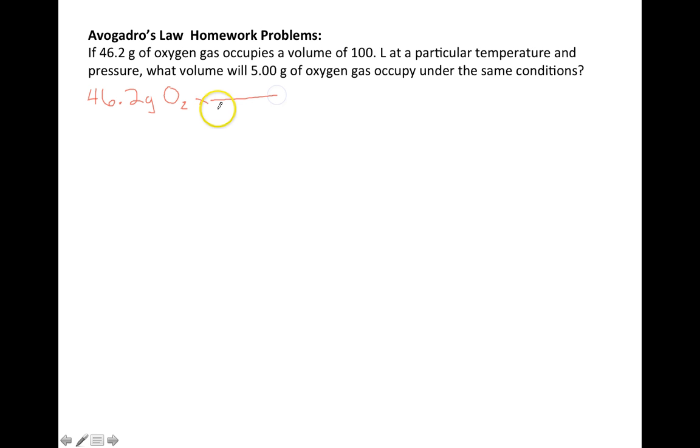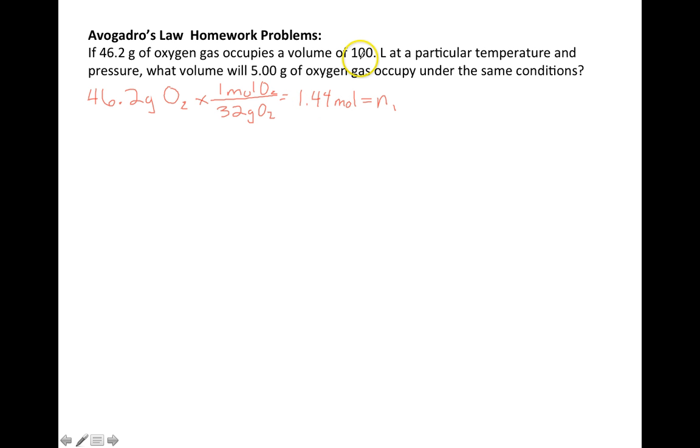All right, so we know that 32 grams of oxygen gas, remember 16 from the periodic table times 2, is equal to 1 mole of oxygen gas. Okay, so 46.2 divided by 32 is going to give us 1.44 moles of O2, and that will equal N1 for our writing down what we know.